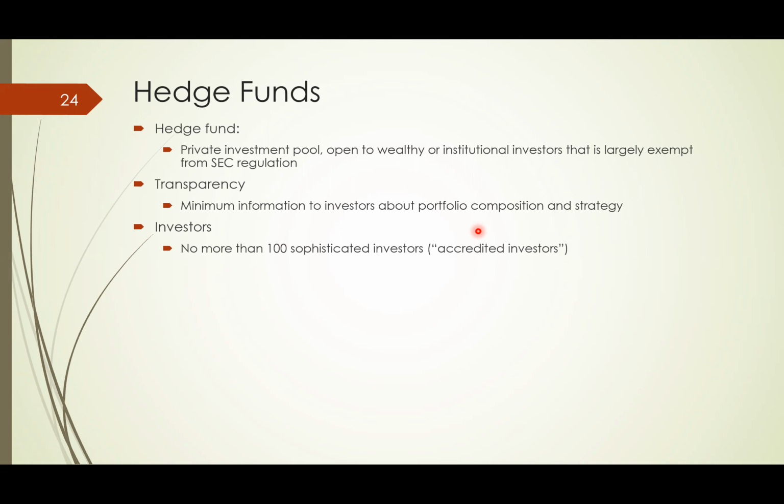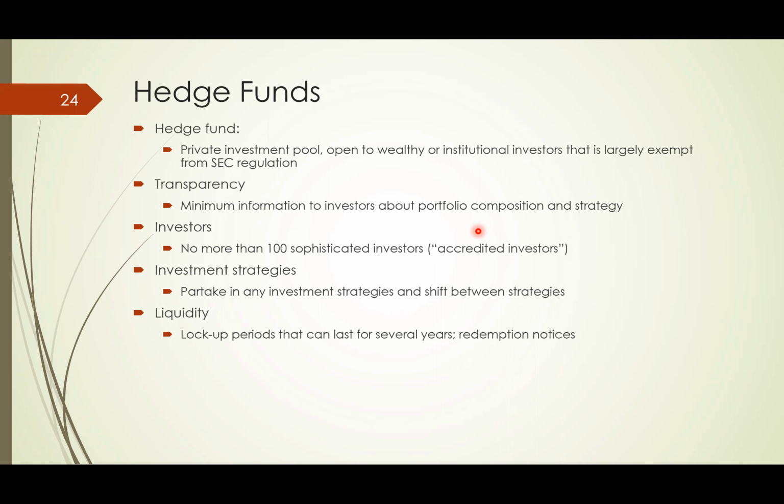Typically only accredited investors are allowed, who are defined as having at least $1 million in investable liquid assets, or $250,000 income for 2 or 3 consecutive years. Hedge funds may shift between strategies, and they do not have a lot of liquidity. They usually require investors to lock up their shares for several years initially, and investors have to give notice about redemption beforehand.